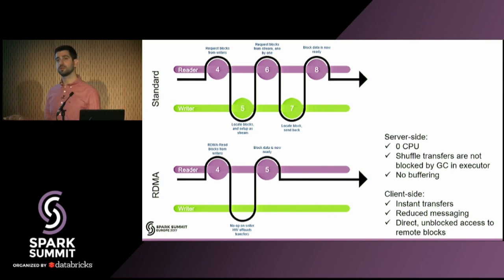And that gives us another thing that is very important in Spark and in Java in general. Java is very tough with its users because of garbage collection. Since we don't have any CPU going on here, even if the writer is blocked by a GC pause, it doesn't affect the reader, which can still fetch its blocks without any trouble. So that's a huge improvement, the fact that the reader is being unblocked.